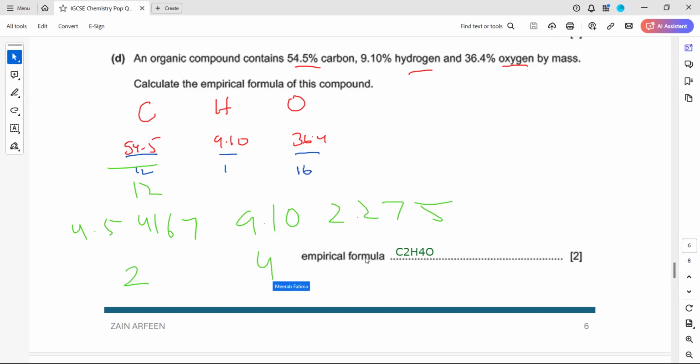Then you divide by the smallest value. So you divide all of them by 2.275. So this will be 2, 4, and 1. So 2, 4, and 1, these are the ratio of the atoms, carbon, hydrogen, and oxygen.